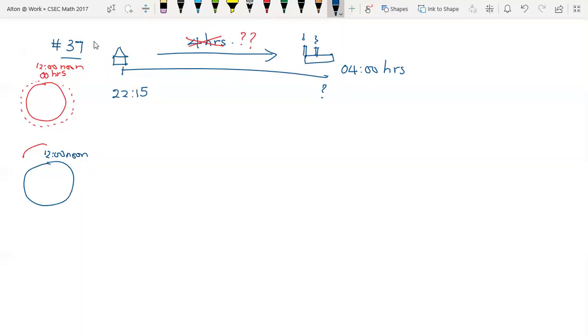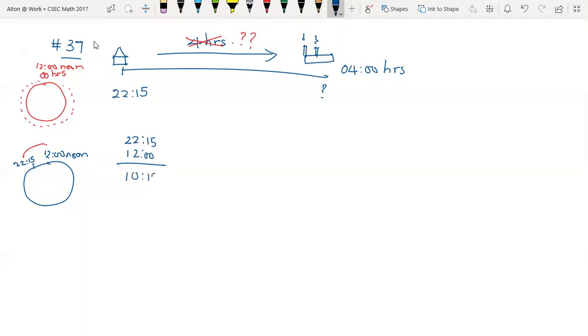So if we are at 22:15, that's when he leaves his home. If we are at 22:15, let's see what time that is really in reality. 22:15 minus 12 noon gives us 10:15.